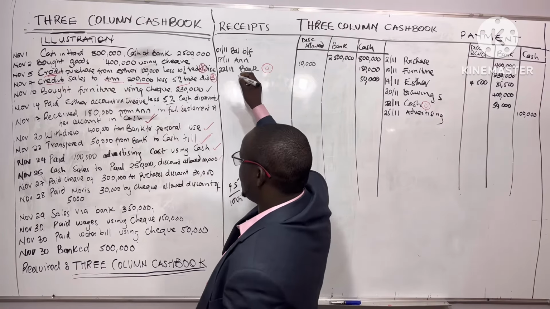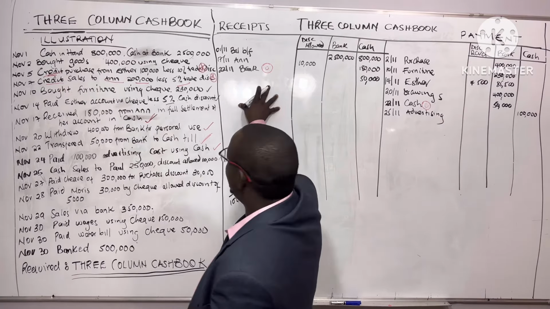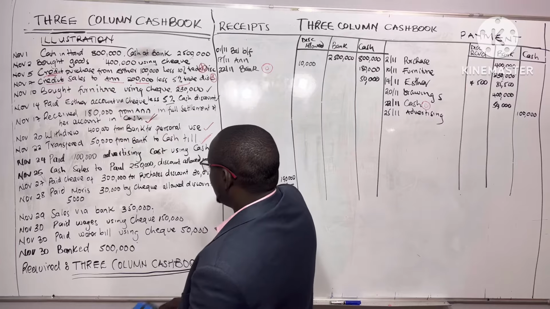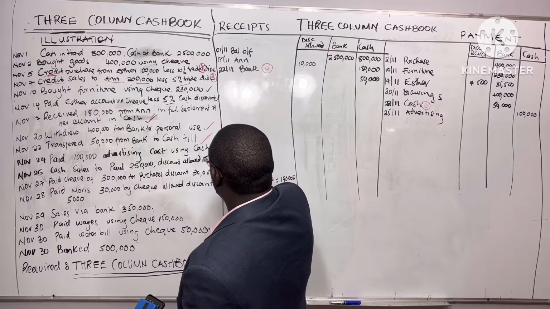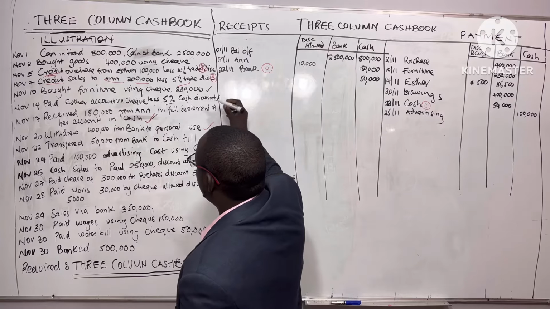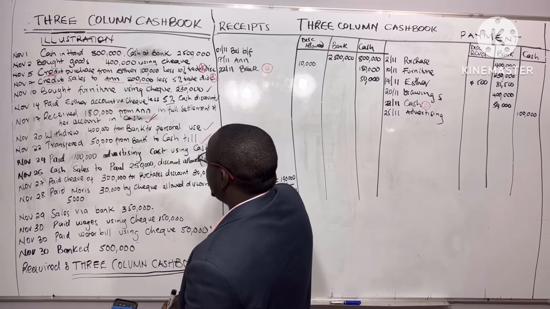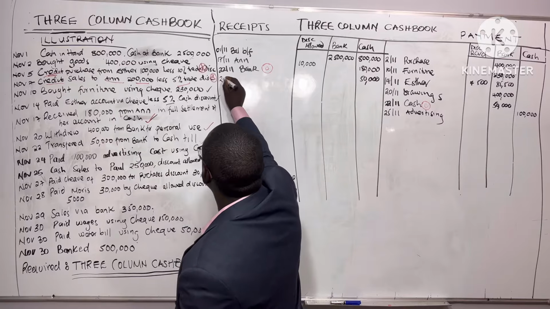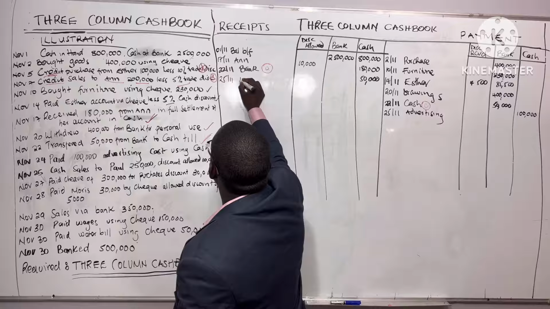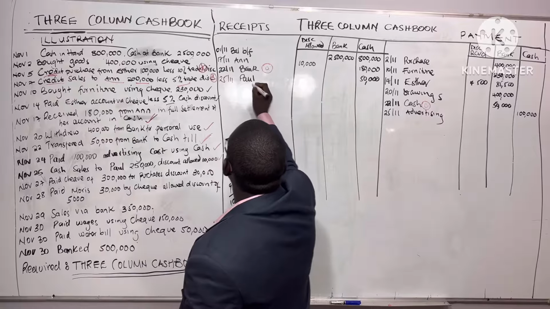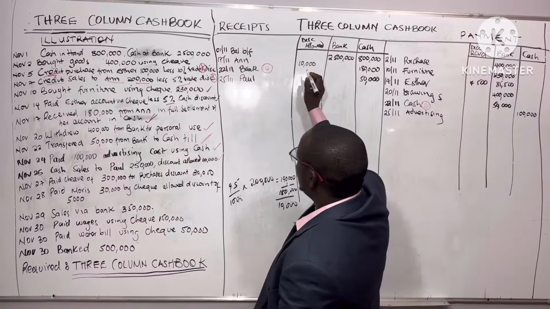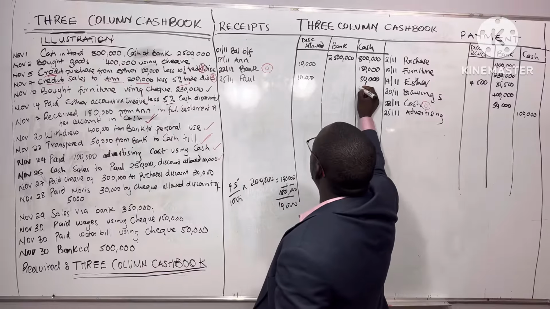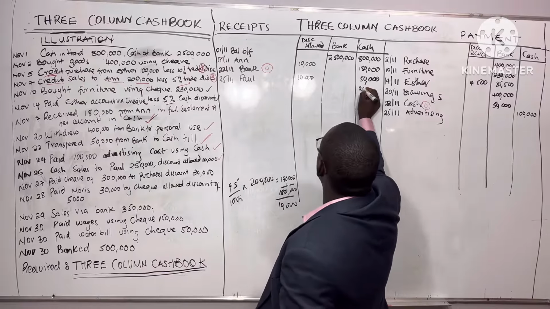So we record on the side of receiving money because we are receiving money from Paul. Paul, the date is 25th of November. Discount allowed is 10,000. The cash is 250,000.